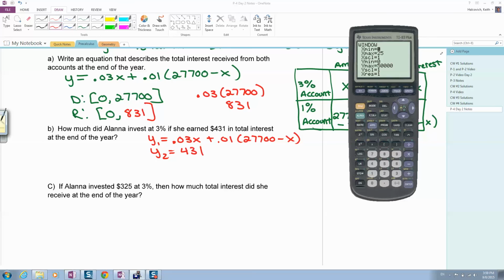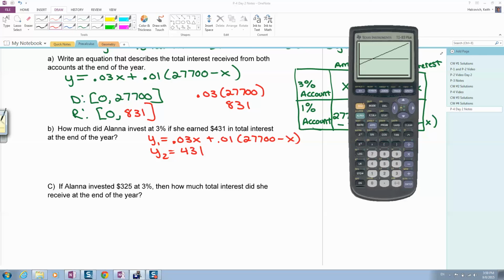Your window, your x minimum is 0, your x maximum is 27,700. And your y minimum is 0, your y maximum is 831. Graph it. So notice you're trying to find the intersection point, which is here.